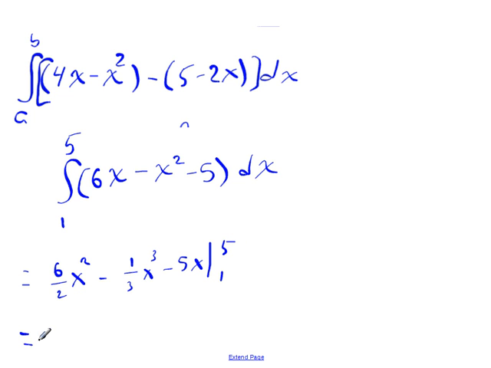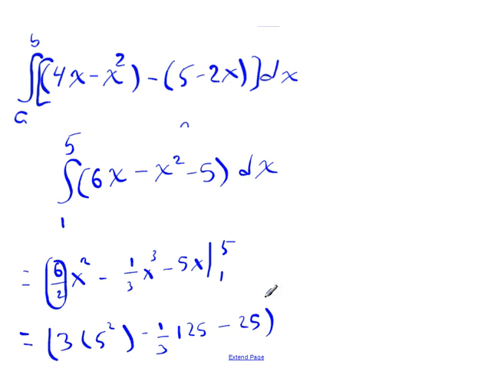So this equals, well, let's plug those values in, and notice that this is 3. So we're going to get 3 times 5 squared minus 1/3 5 cubed minus 5 times 5, and subtract that with 3 minus 1/3 minus 5.